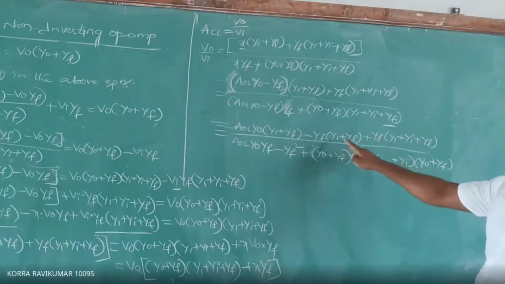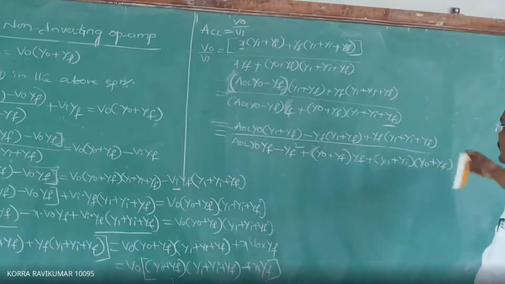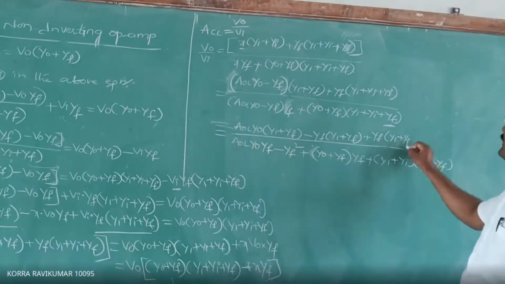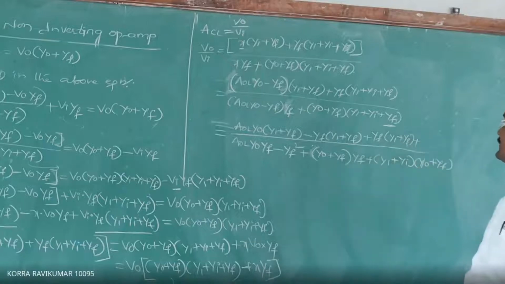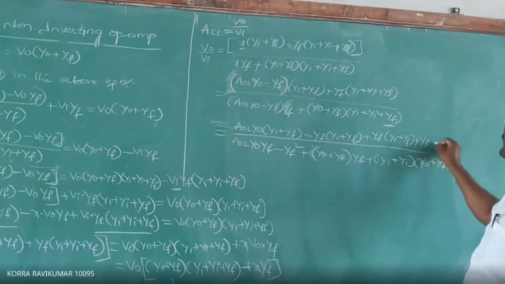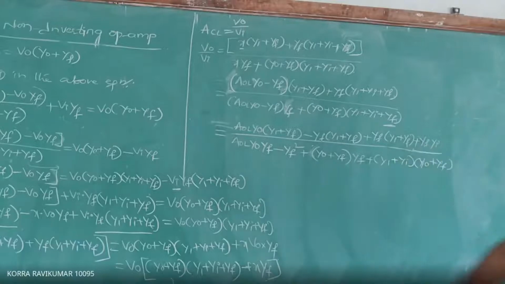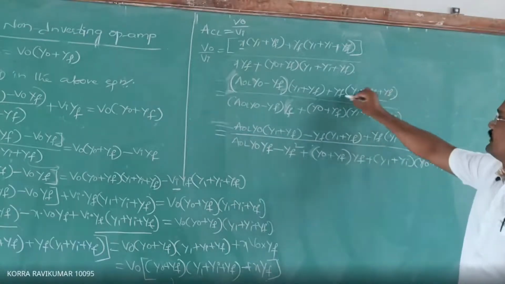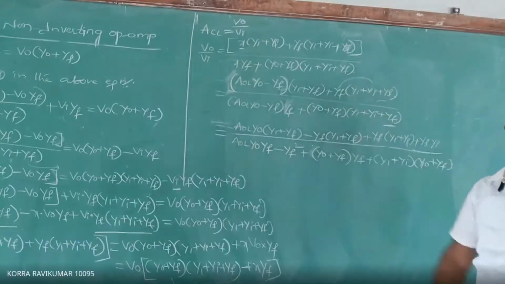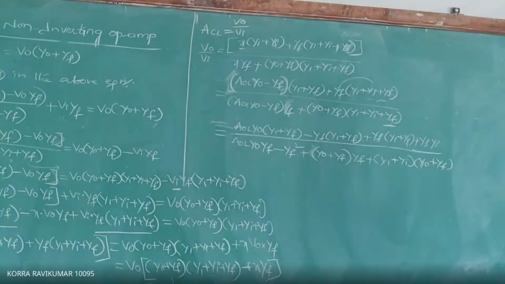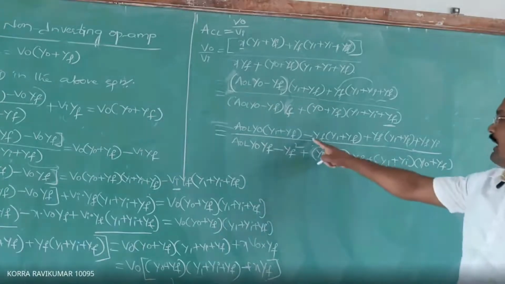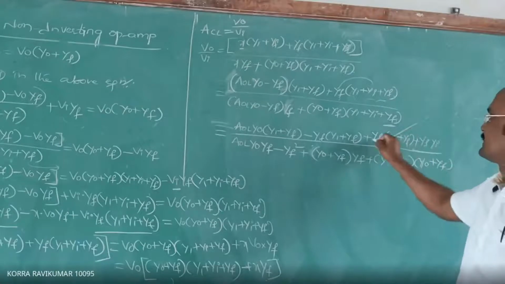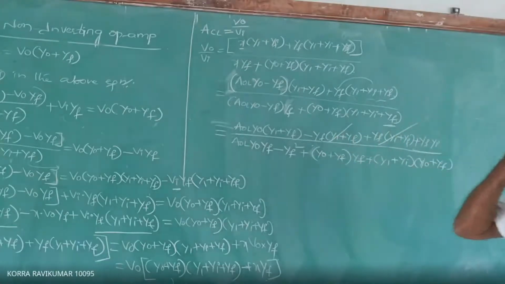So YF into (Y1 plus YF) plus YF into YI. This is the same as the previous equation. We are multiplying this with these two, then separately multiplying these two, that's it. Nothing more than that. Because of that, minus YF into (Y1 plus YF) plus YF into (Y1 plus YF) gets cancelled. These two get cancelled.